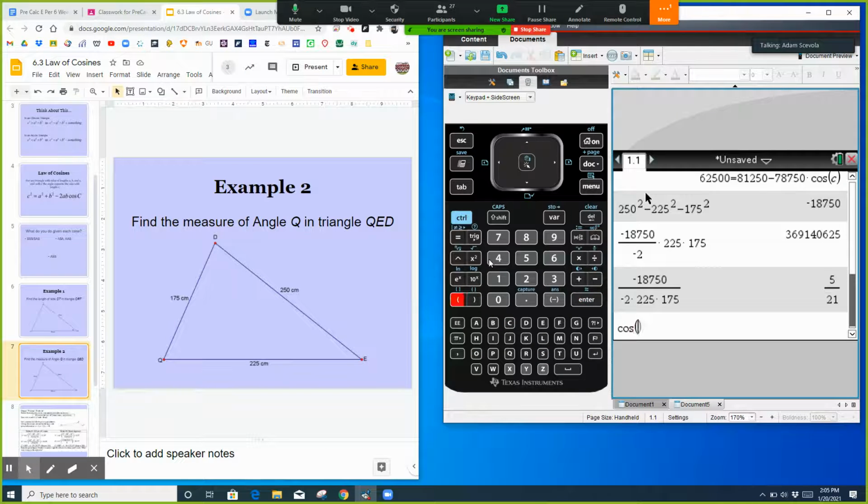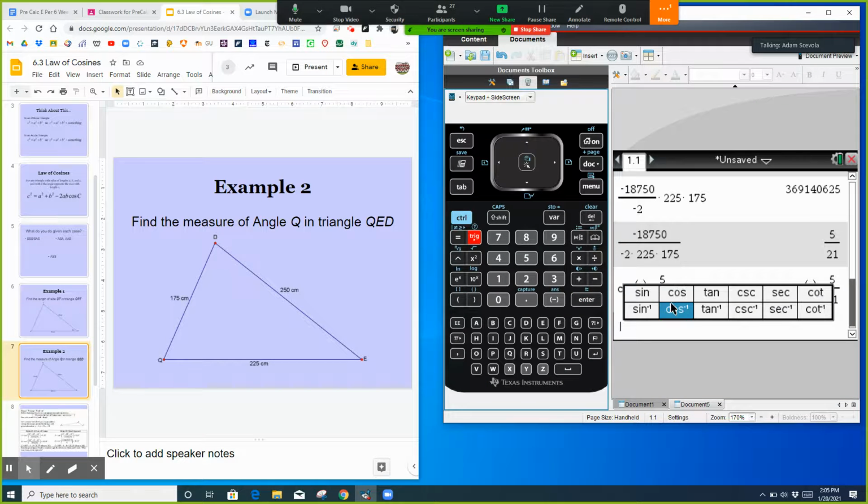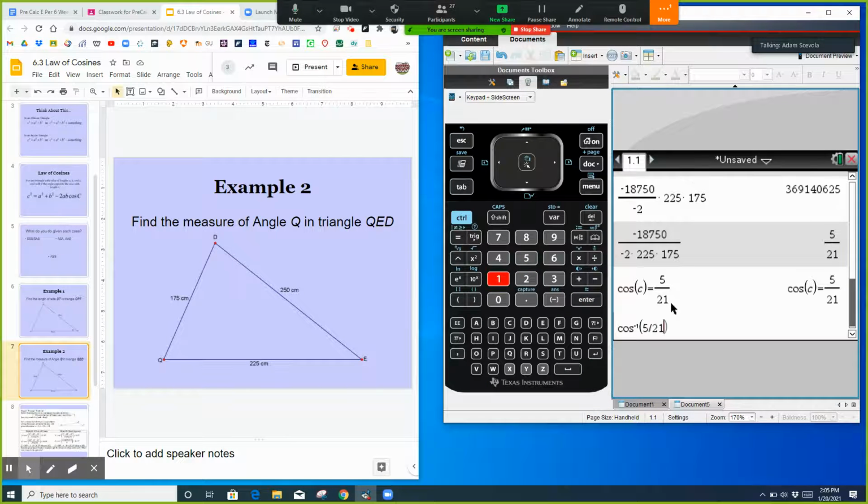So now we have the cosine of C is equal to this, and now we have to solve that. We're going to do cosine inverse here because you want to switch the domain and range to get what angle C is. Now remember that cosine inverse will give you angles in quadrant 1 and quadrant 2, so between 0 and 180 if the calculator is in degrees, and it is.